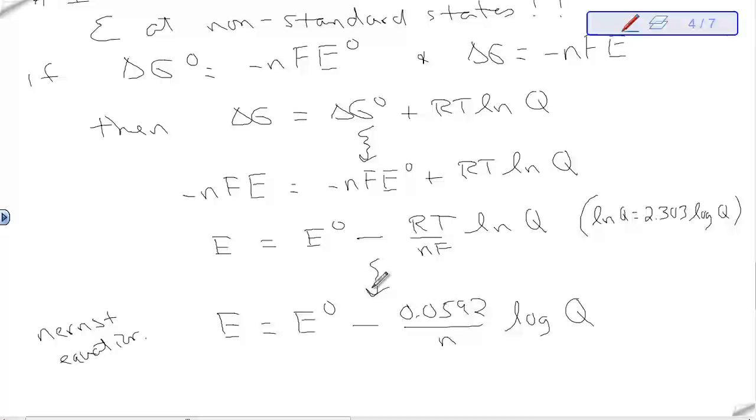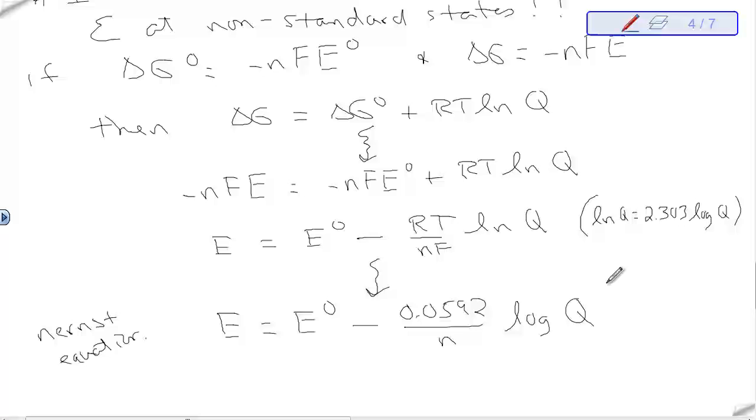So from here to here, what you see is the combination of R times T, which is going to be 298, this only applies at 298, divided by F, Faraday's constant, times 2.303, and it rounds to approximately that number, divided by N, the number of electrons transferred, times base 10 log of Q, which is the reaction quotient, the law of mass action.